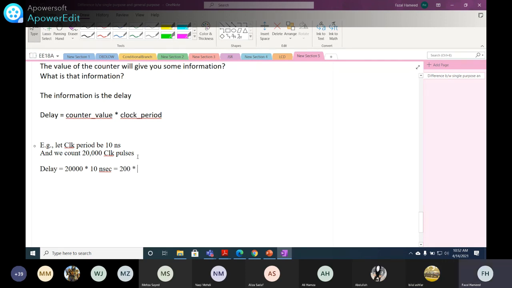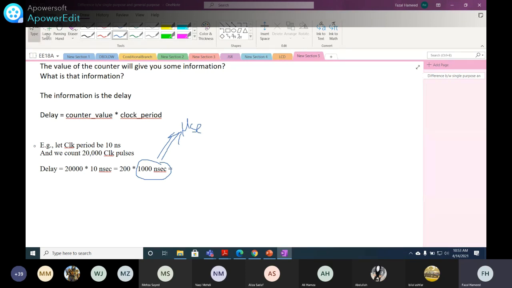I write it like this: 200 multiplied by 1000 nanosecond. 1000 nanosecond is equal to 1 microsecond.